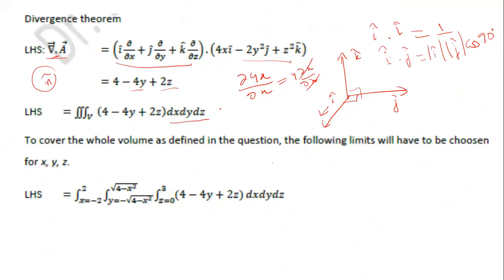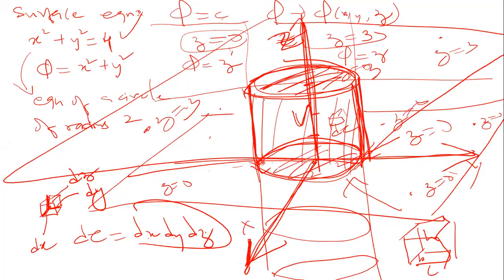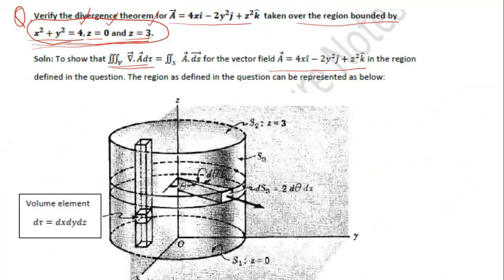And you have to perform this integration. In order to perform it, we are going to perform the summation of the divergence of the vector field over the volume enclosed by these 3 surfaces. So the volume enclosed by these surfaces is as represented here. All right.